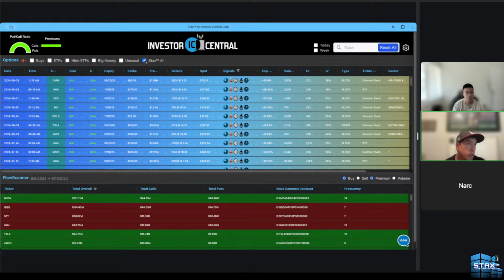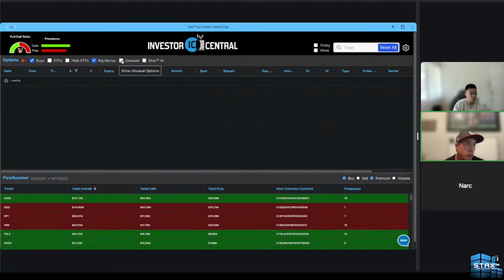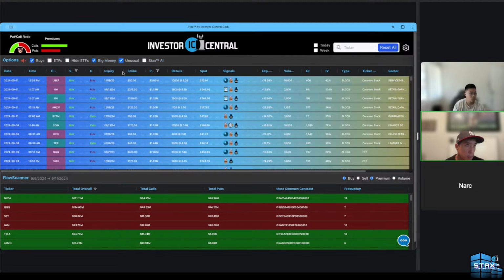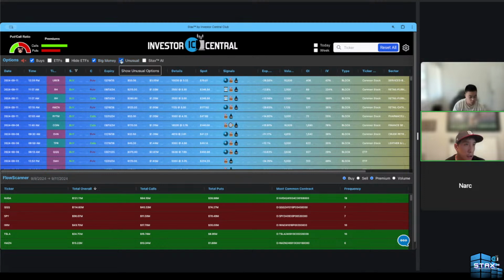One thing I also like to think of is if you filtered your buys for big money and unusual, not all of those will show up under Stacks AI. You'll notice these don't all show up there. I look at this big money unusual buys filter as a Stacks AI light.